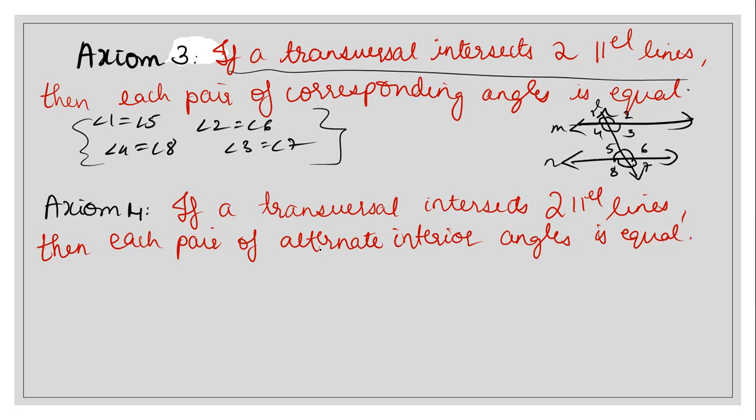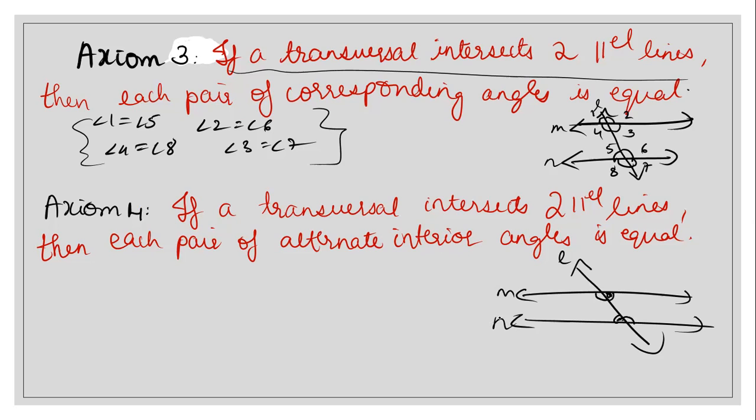Now, axiom 4 tells us that if a transversal intersects two parallel lines, then each pair of alternate interior angles are equal. Again, we have a transversal L, two parallel lines M and N. So they're saying that if a transversal L intersects two parallel lines M and N, then each pair of alternate interior angles means this one, and then this one and this one.